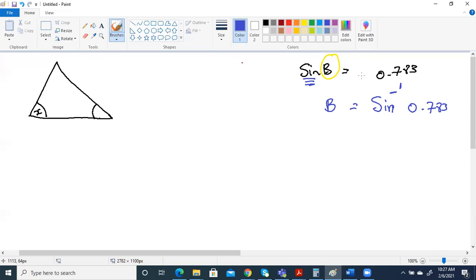It's the opposite of sine, just like how the opposite of multiplication is division and the opposite of addition is subtraction. That answers your question? All right, clear?